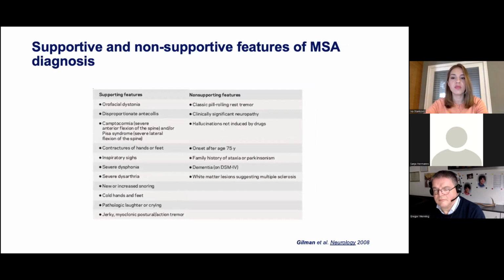These are MSA red flags, actually clinical features supportive of MSA diagnosis. And also there is a list of non-supporting features that are not very common in MSA.